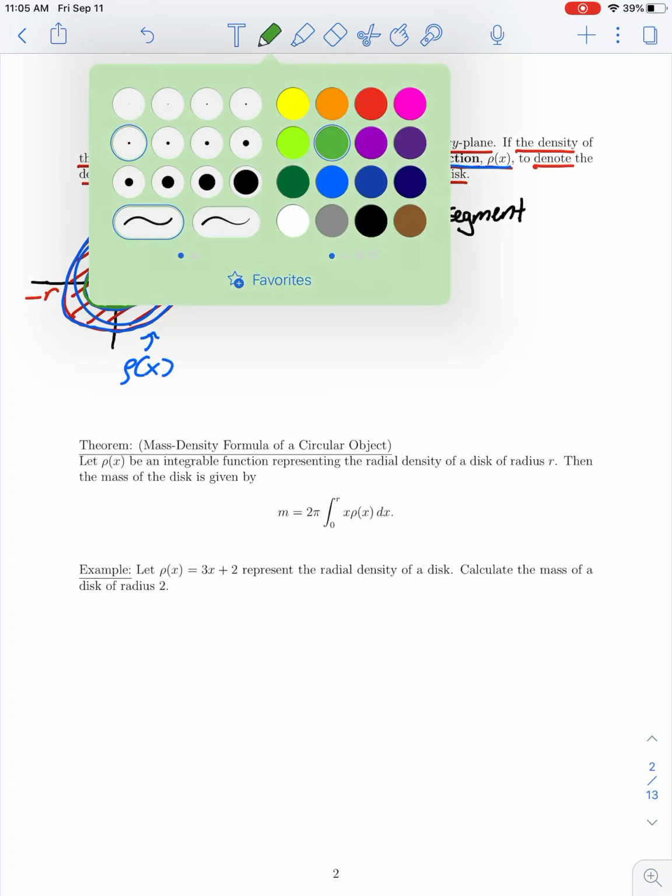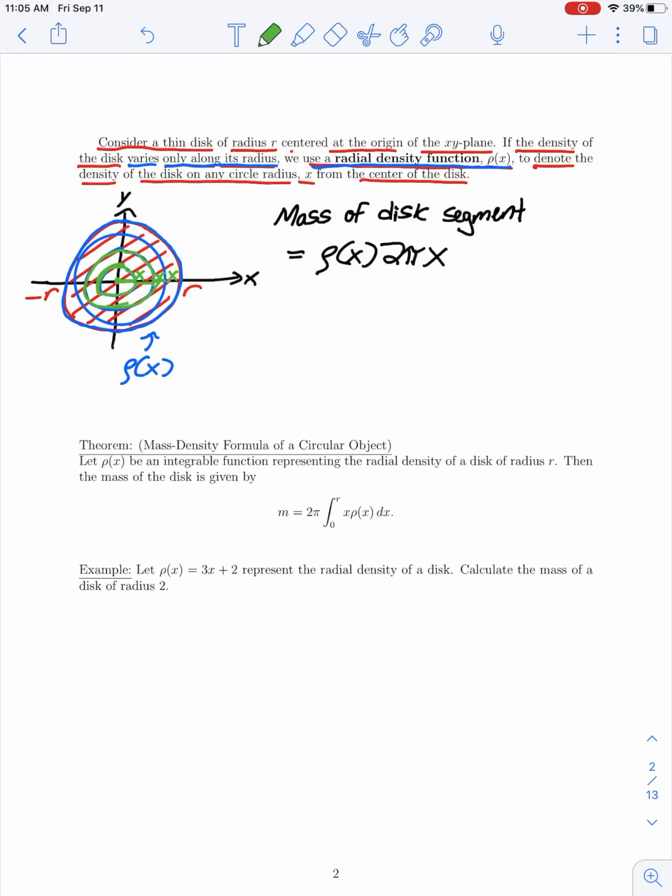And if we're choosing some little segment of my disk that has a radius x, and the thickness of this little disk is what we would call dx, or a very small thickness, then we would need to multiply by dx to get the mass of that little disk segment. Or if we rearrange this slightly, 2 pi x rho of x dx.